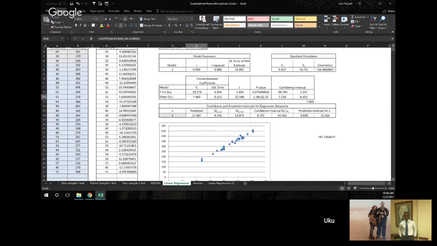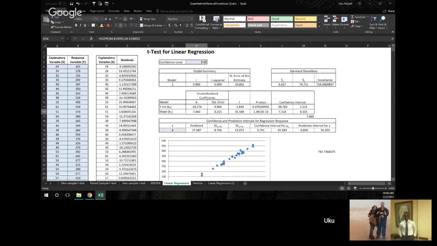Actually, the first option seems correct to me. What confidence interval are you getting? My confidence interval was 7.218 and 8.103, and the margin of error 7.66, or the slope 7.66, can be found within the confidence interval. So I'm thinking question 18, first option should be good.